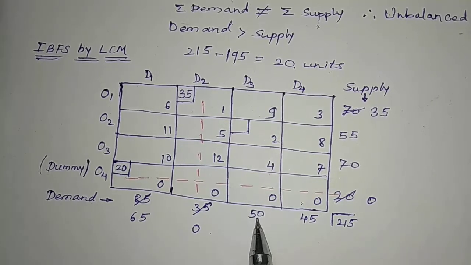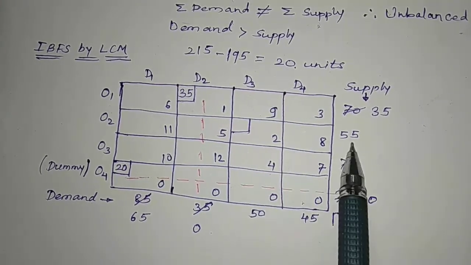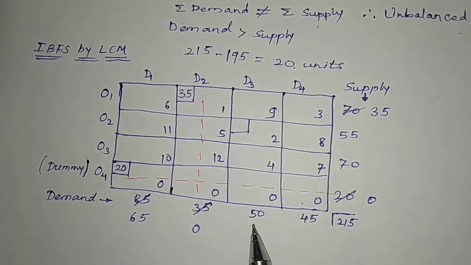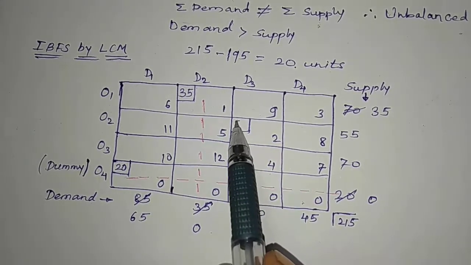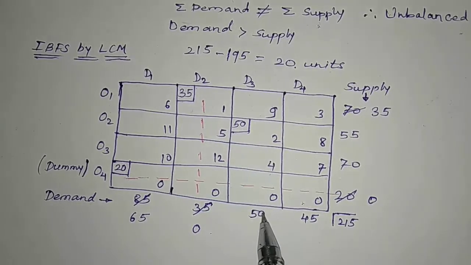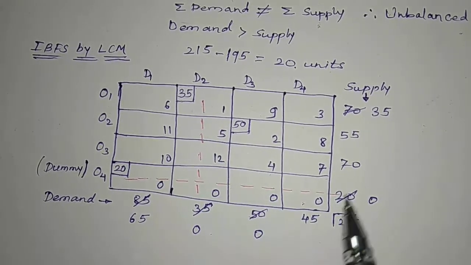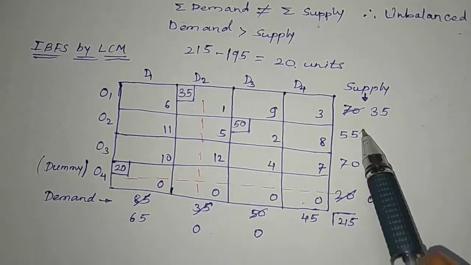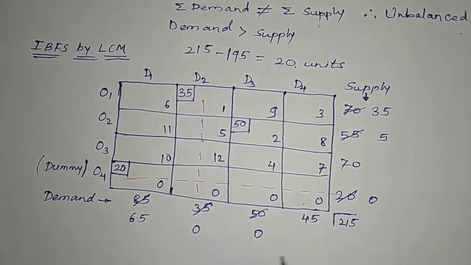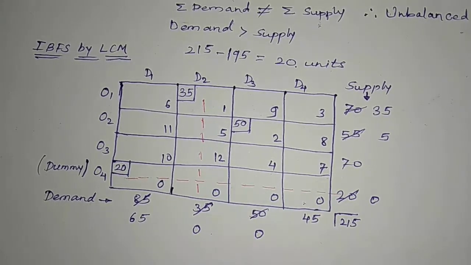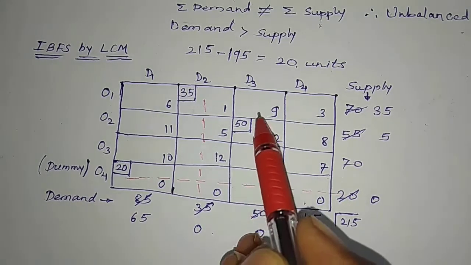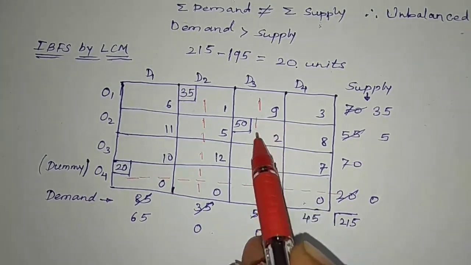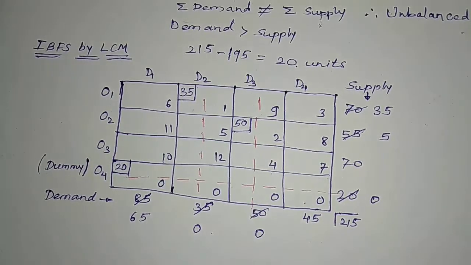So look at the rim conditions. 55 is the supply available at that cell, demand is 50. So out of which demand is less, that lower quantity we can allocate at this place. 50 minus 50 becomes 0, 55 minus 50 becomes 5 here. Now if we observe here, the demand of D3 destination is getting fulfilled. So let us neglect again this column.